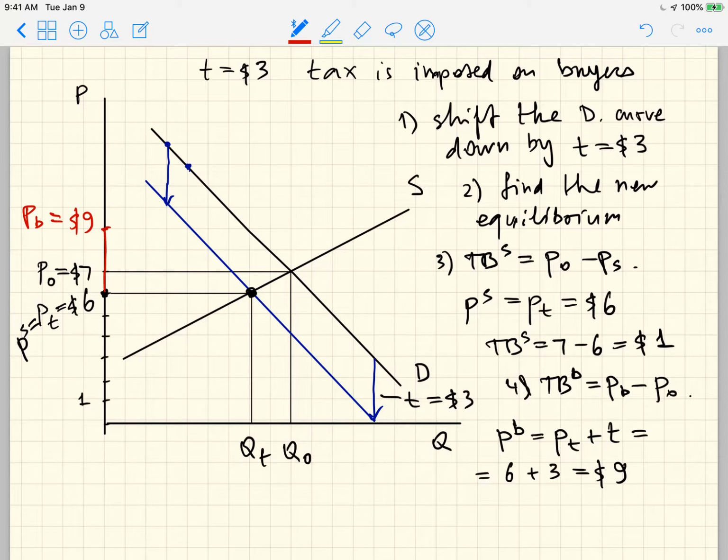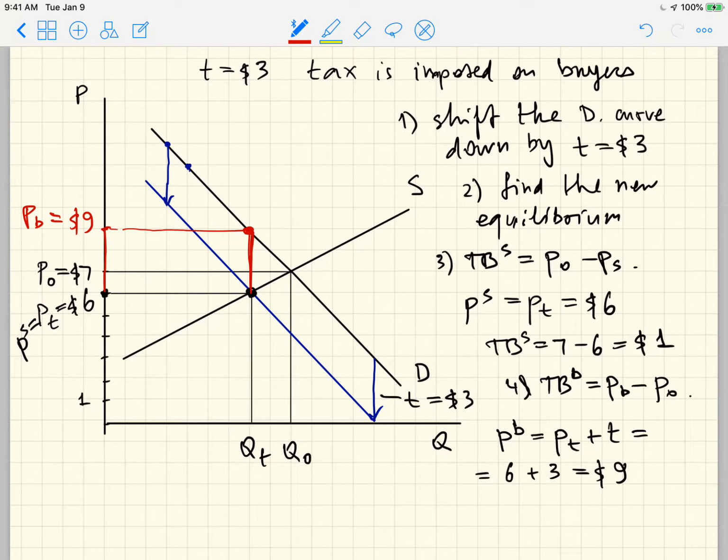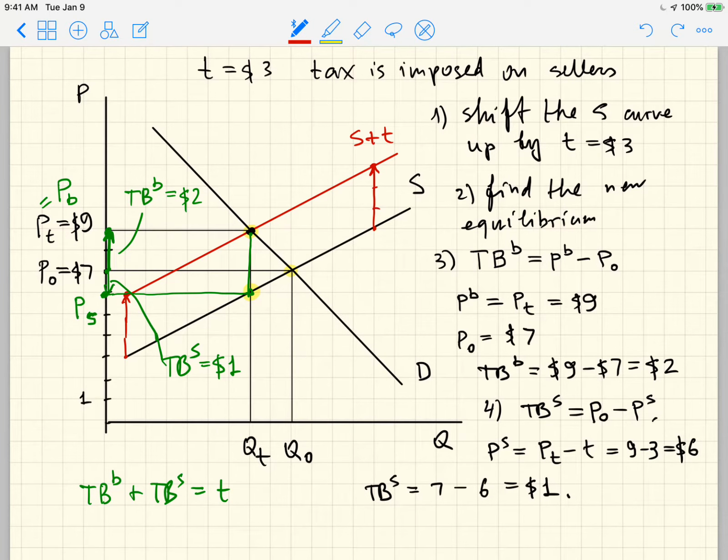And if we draw this straight line, we can see that again we're getting a nice triangle, and the upper corner of this triangle is PB. As before, PB is always on the top, and it happens to be exactly the same number, $9. And PS is at the bottom, just like before.